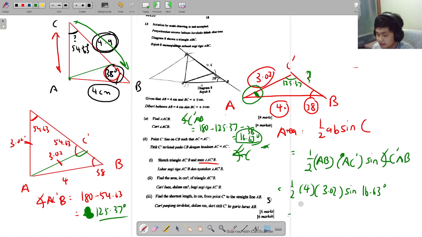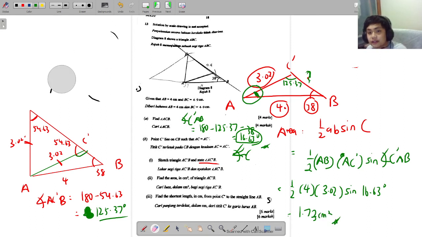So multiplying this, 4 times 3.02 times sine 16.63, divided by 2. So it's 1.729 cm squared, or 1.73 cm squared. Pretty close, right? So that's done.